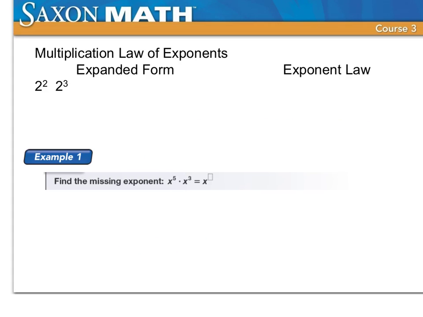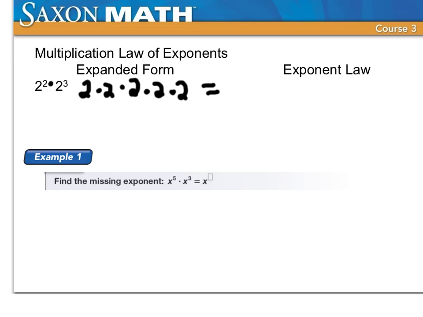The first law we have is called the multiplication law of exponents. What we're going to do here is take 2 squared and multiply it by 2 cubed. 2 to the second times 2 to the third. Let's write that out in expanded form. 2 to the second is 2 times 2, and we're multiplying that by 2 to the third, which is 2 times 2 times 2.